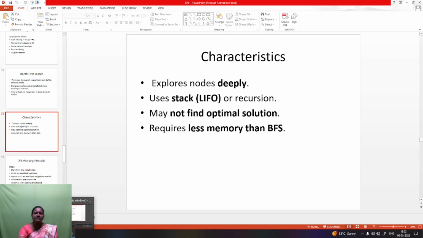It requires less memory than BFS because here we do not visit all the nodes. Here we visit the nodes only depth-wise, so it requires less time and less memory also. If the search tree is large and it has a large number of nodes, then sometimes we may not find the optimal solution.